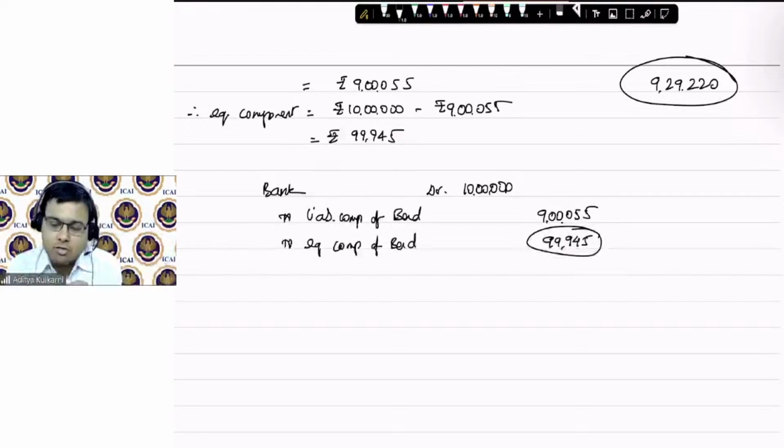I am at a risk, no? So I will not pay you 9,29,000. I will pay you lower, reduced by the fair value of that call option. You want to issue 10 lakhs, we give you 10 lakhs, but the fair value of the liability component will definitely be lower than that of the plain vanilla instrument. That is why the liability component value is not going to be 9,29,000. It will be only 9,55,000.